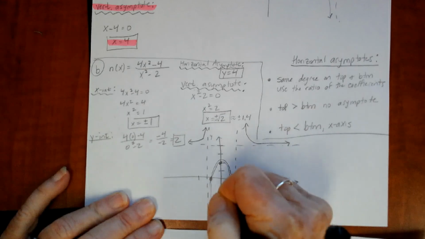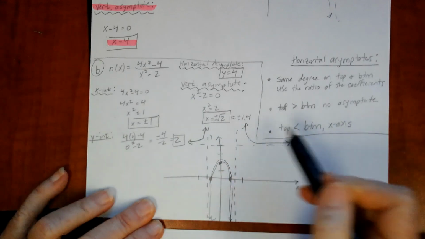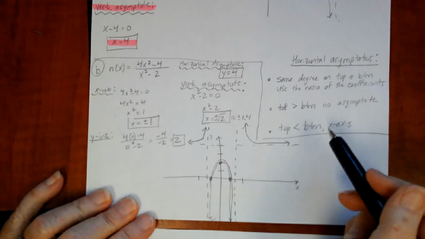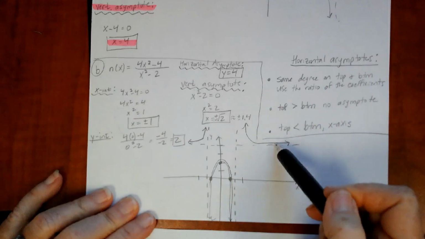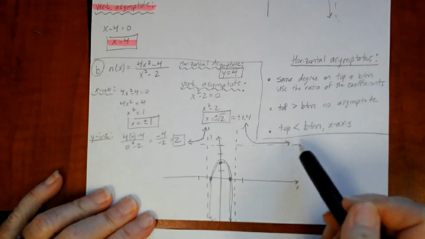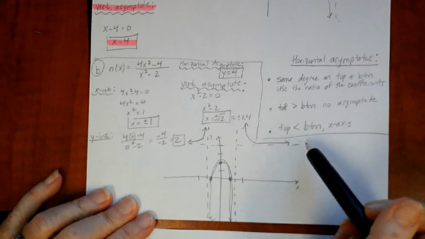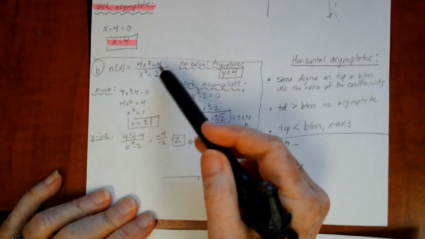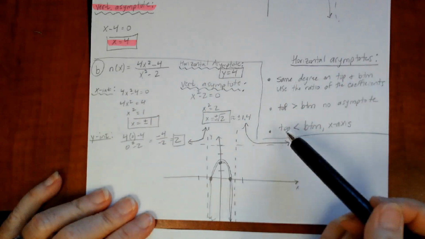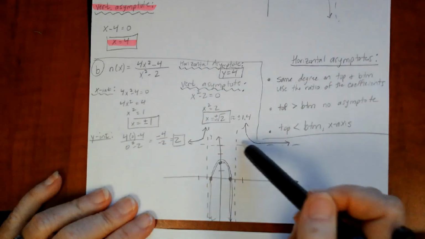But then I have these other regions where I needed to find out where the graph goes. So I asked myself, way out here when x is a really big number, is this ratio going to be positive? Because I really want to know, is it above the asymptote or below?